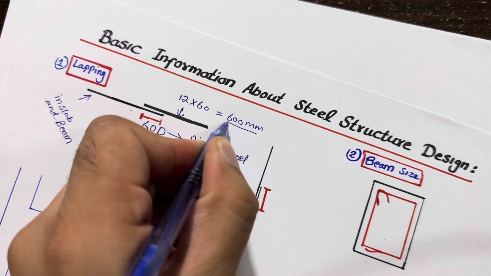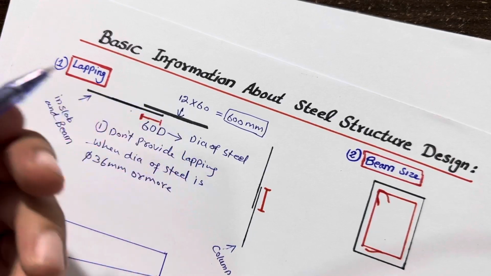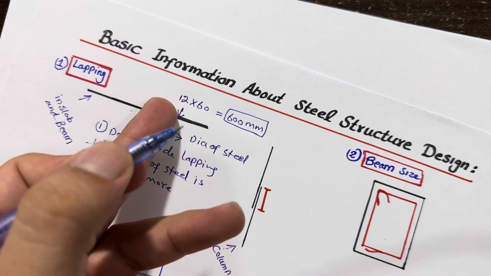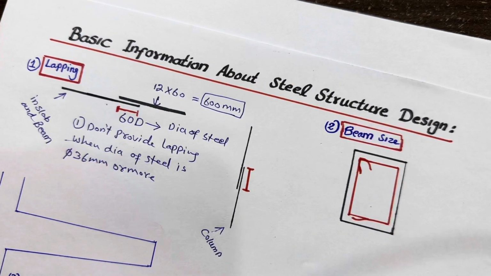So this is the lapping length for beam if we are using 12 millimeter. If we are using 16 millimeter, then 16 multiplied by 60 gives you the lapping length. Okay, if that is in beam or in RCC slab, plinth beam or any beam, and if that is horizontal, you can use this one.